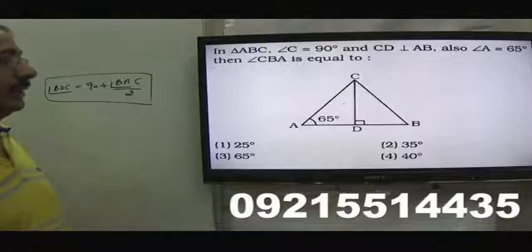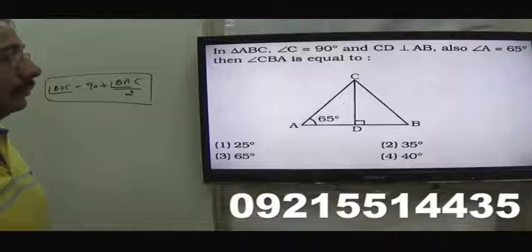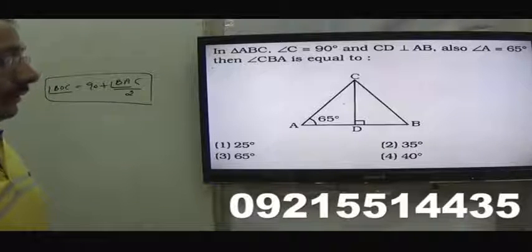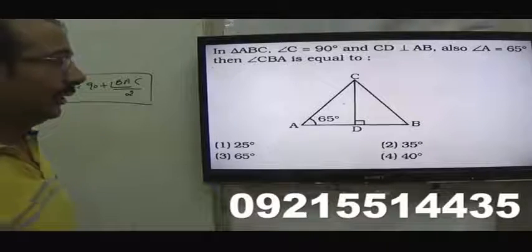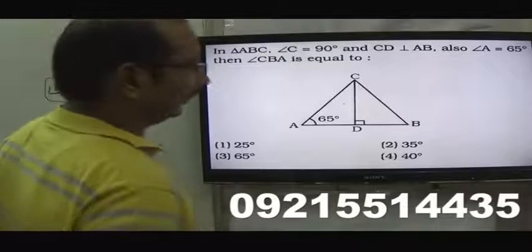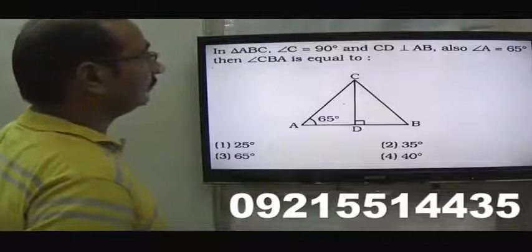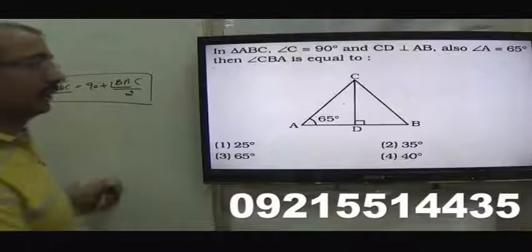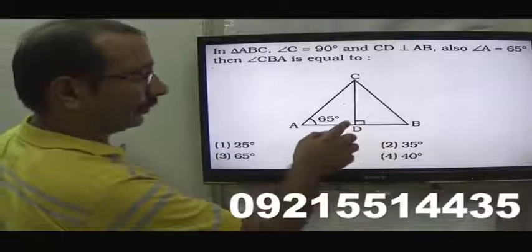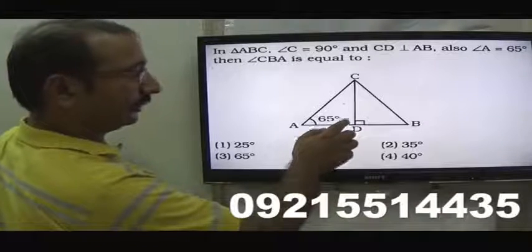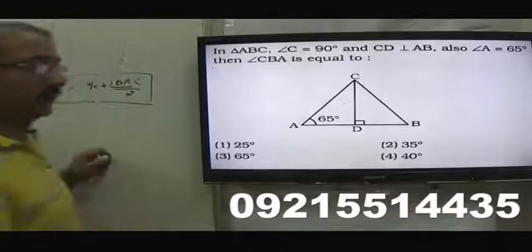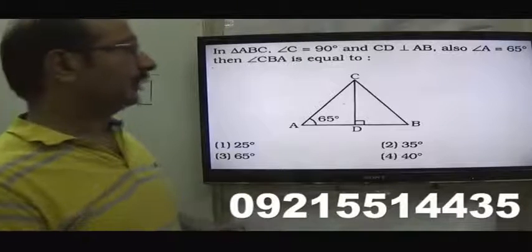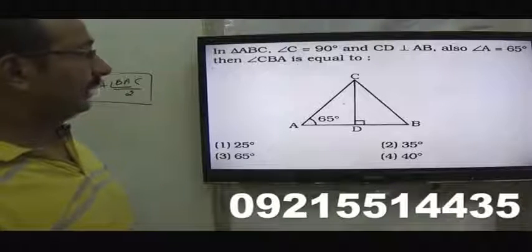It is given that angle C is equal to 90 degrees, CD is parallel to AP, CD is perpendicular to AP, angle A is 65, we have to find CBA. So what can we say? CD is perpendicular on that, this is 90. We can find out that that would be 90, right? And this would be 25, because the sum of the angles is 180, right? Now see, that is 25 because I have to find the angle CBA.